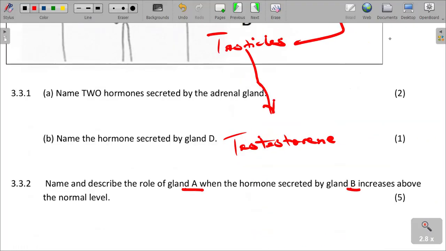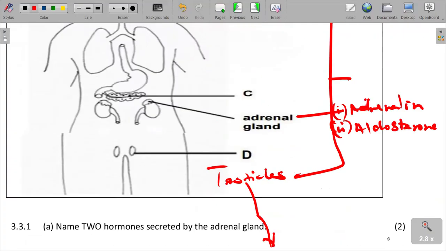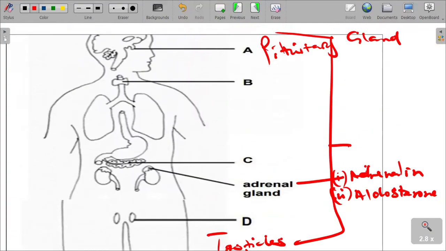So it's saying name and describe the role of gland A when the hormone secreted by gland B increases above normal. Gland B is the thyroid, the thyroxine hormone. Thyroxine is secreted by the thyroid gland.